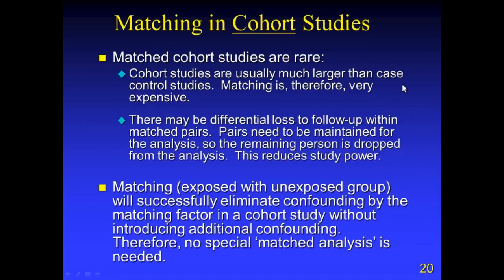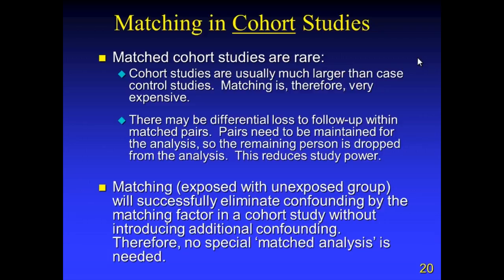I just want to say a brief word about cohort studies. Matching in cohort studies does occasionally happen, but it's fairly rare, and there are a couple of reasons for that. One of them is that usually cohorts are very much larger than case control studies, so you have to spend a lot more time and effort getting the matches.